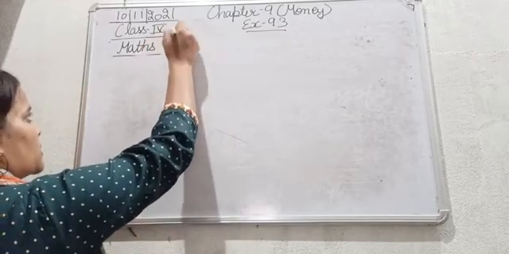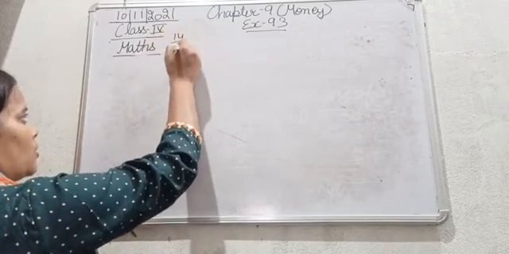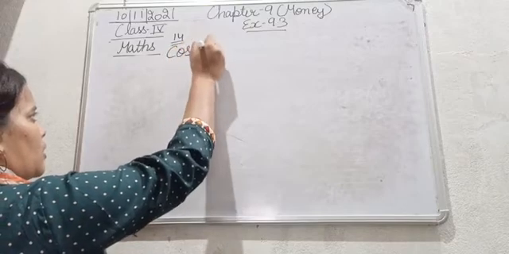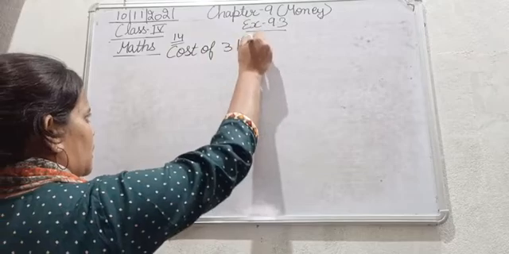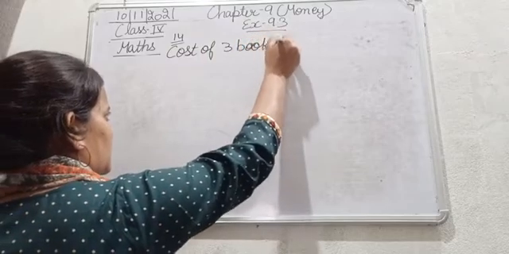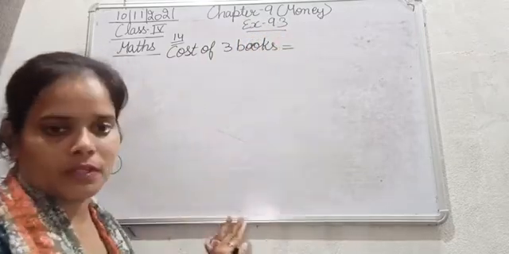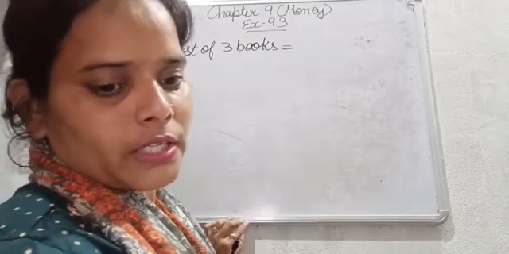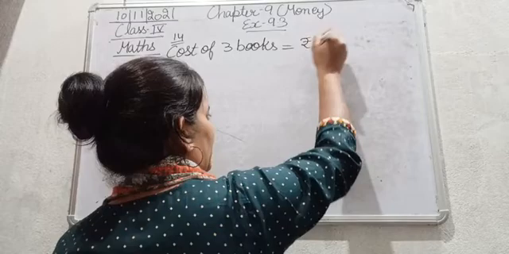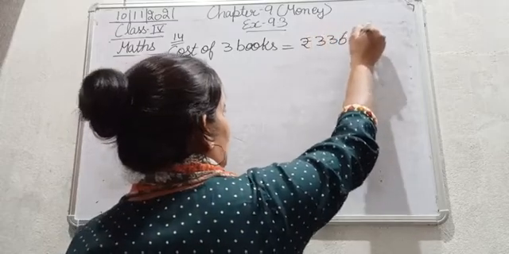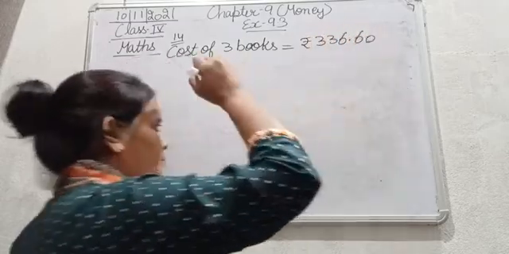Question number 14. Cost of three books is 336 rupees and 60 paisa.